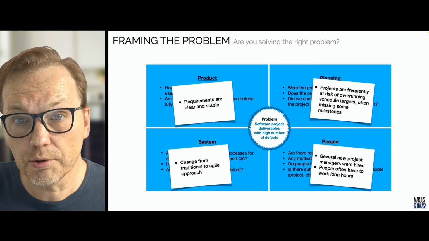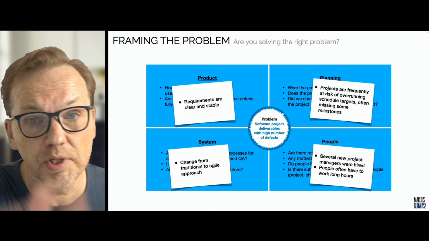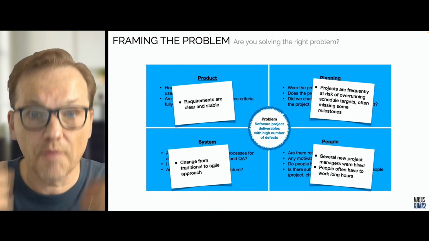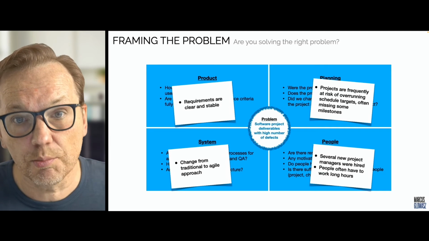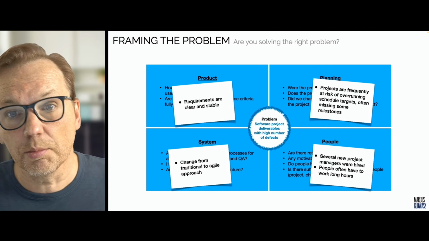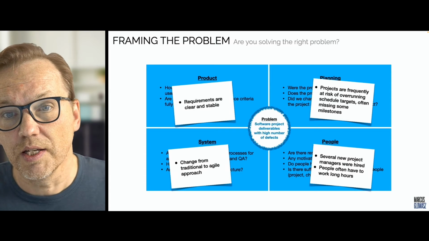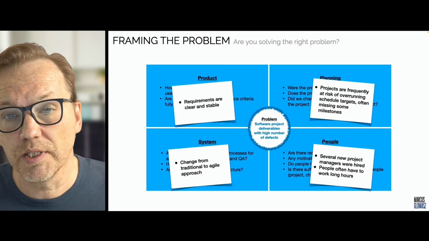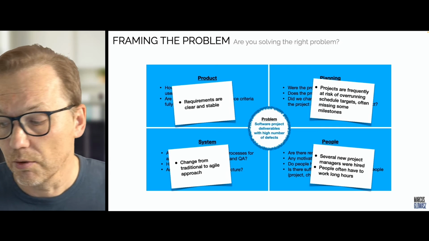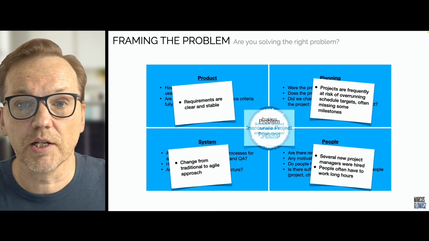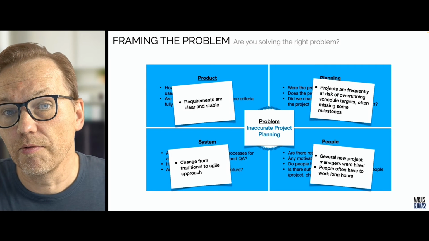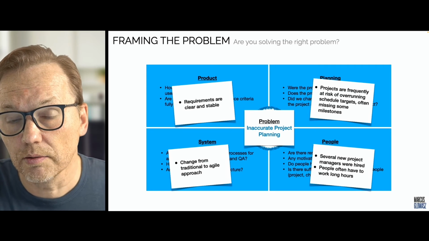So considering all this, and if we do a real deep dive and uncover all these elements, looking back at the original problem, software project deliverables with a high number of defects, is that the problem, or is it just a symptom? We could realize based on our deep dive that the real problem is actually that we have an issue with project planning.